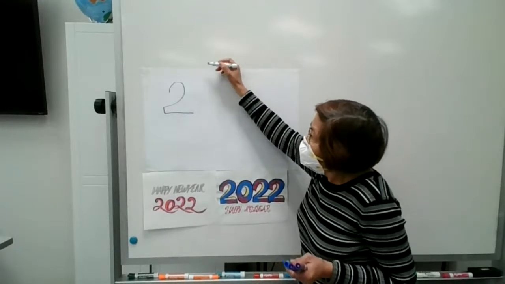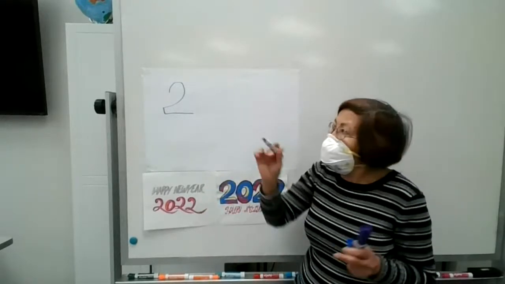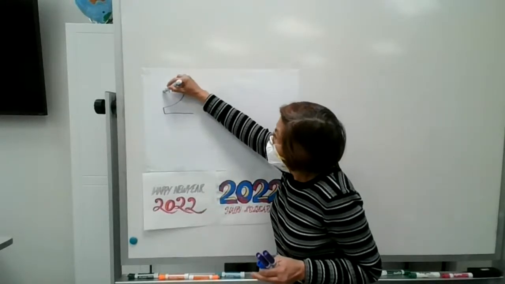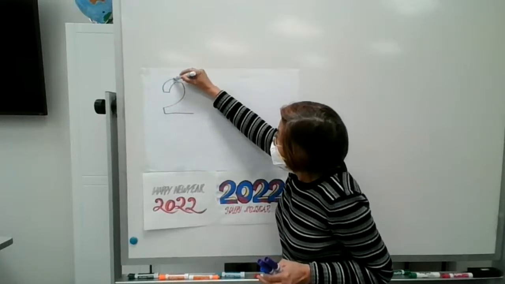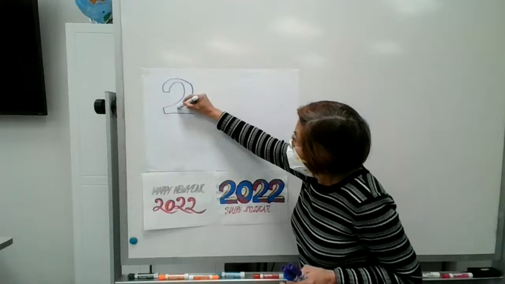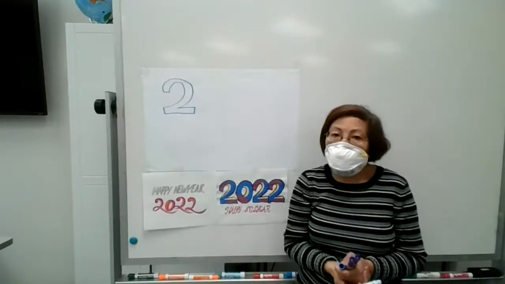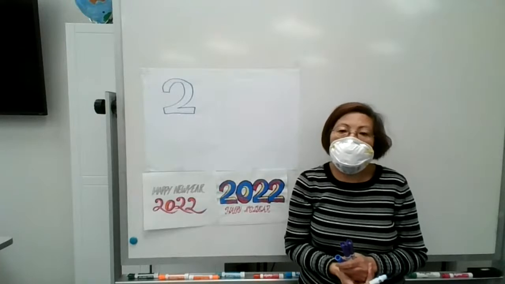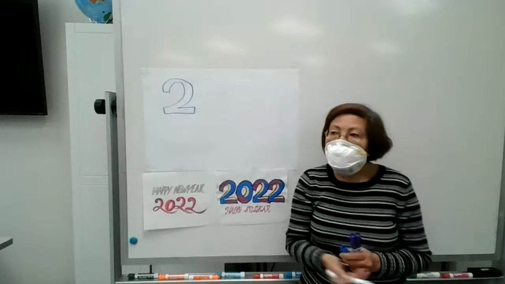And because you can draw big, not only one line, you can draw a double line like this. So you have a 2. Okay. You want to try that?